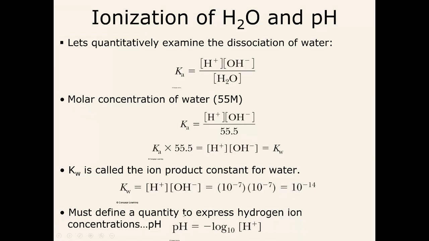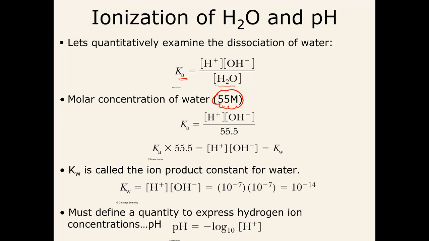Now here's a little more detail, and maybe a little more than you need. Here's the K expression. It's showing it as a Ka initially because water is acting as an acid. And then the concentration of the water is substituted with this very large number of 55 molar.